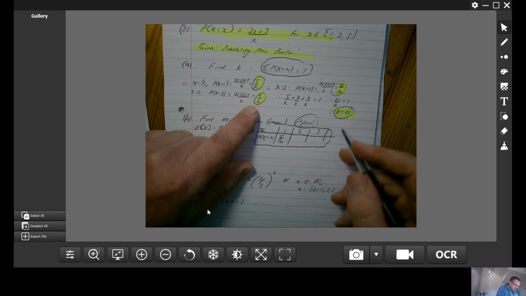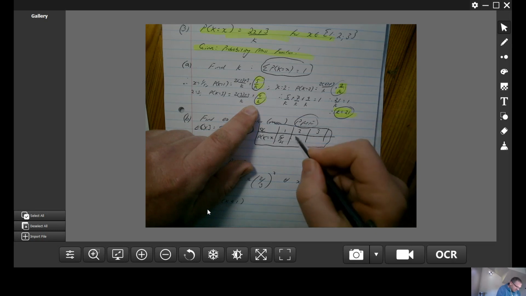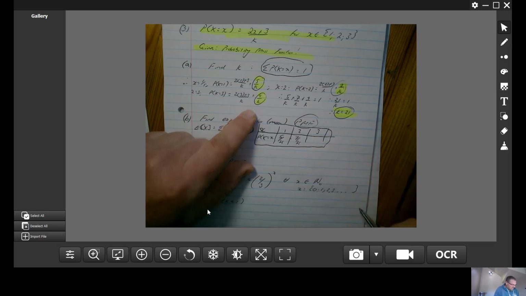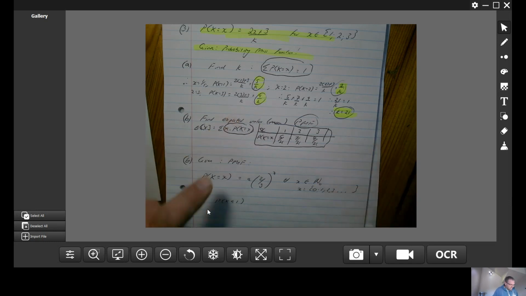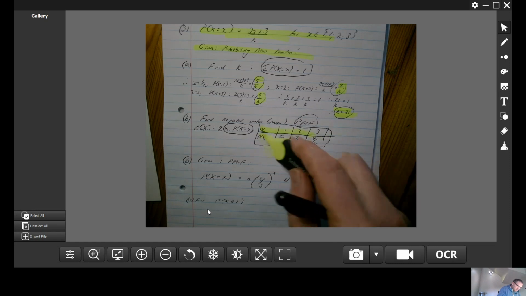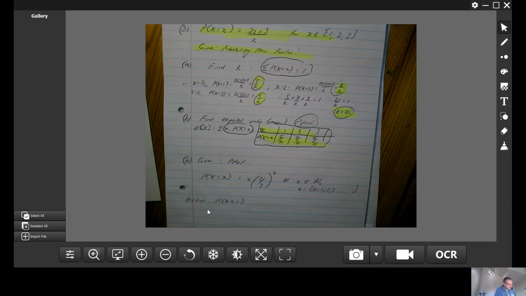When x is equal to 2, it was 7 over 21, and when x is equal to 3, it's 9 over 21. So that's your probability mass function expressed in table form. If you check that, it adds up to 21 over 21, which is 1. So we look like we're on the right track.